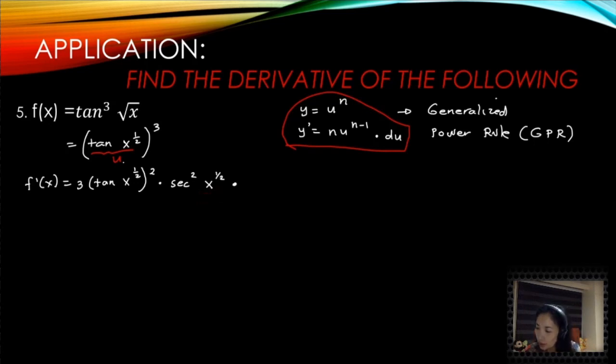So here we also have to apply the chain rule. If y is equal to tan u, where u is differentiable, then y prime is equal to secant squared u times du.